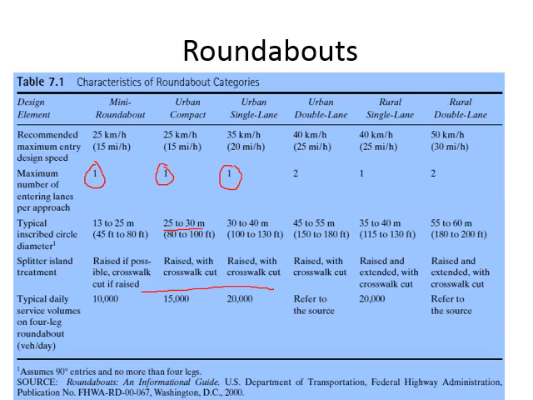Just to give you a sense, even when you are entering the roundabout, there's a chance that you may go into the other direction. So we need a splitter island to make sure the driver movement is directed towards the right hand side. Okay, and he knows what is his direction, and when he is exiting the roundabout he knows in which lanes he can exit. So splitter island is very important for roundabouts, mainly to divert the driver towards the correct path.